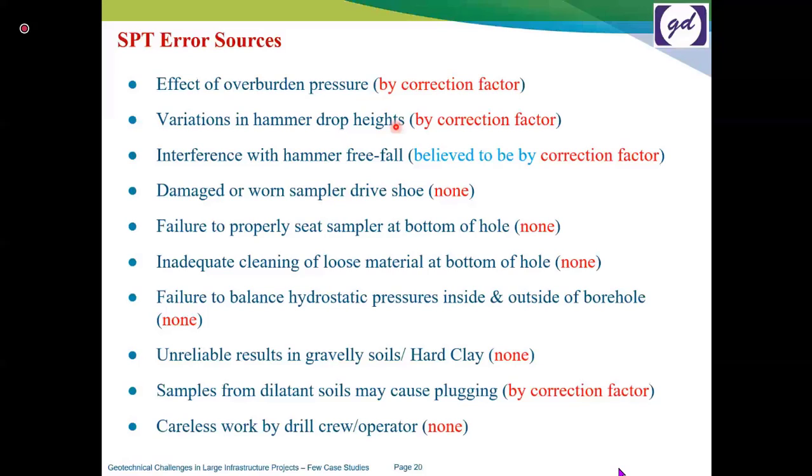Then interference with the hammer free fall is also believed to be a factor, but we do not have that correction factor presently in practice. Then damage to the sampler drive shoe, we do not have any correction factors for such things. Then failure to properly seat the sampler sometimes depends on the rig operators and the engineers available at the site, but we do not have any correction factor for it.